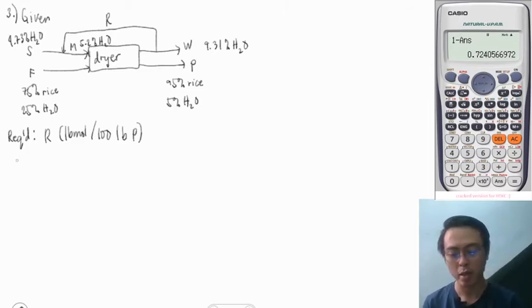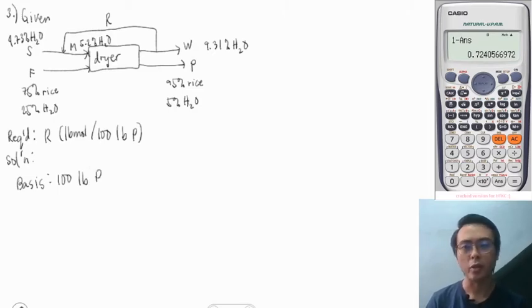In this case, our basis is 100 pounds of P. Another thing to note is that there is a different representation between the bottom streams and the upper streams. In the feed and in the product, the units are in pounds. It's a unit of mass.